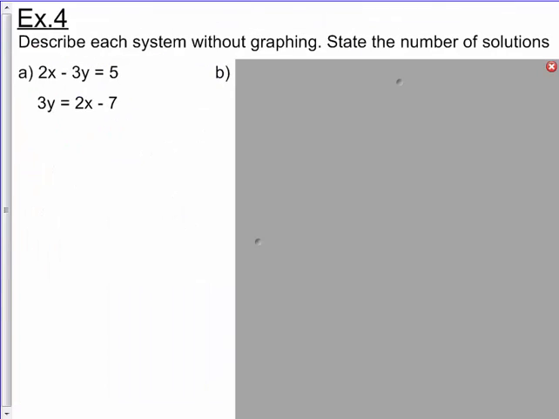So an example without graphing, we want to state the number of solutions here. And we want to look at the slope, we want to look at the y-intercept, to see how many solutions there are going to be. So in A, I'm going to get y alone in each of them and then look at them.